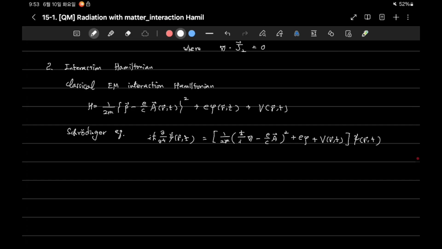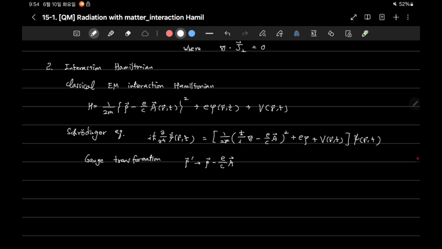Here we choose the gauge transformation. In the momentum, the transformation is p minus (e/c)A, which is the canonical momentum.